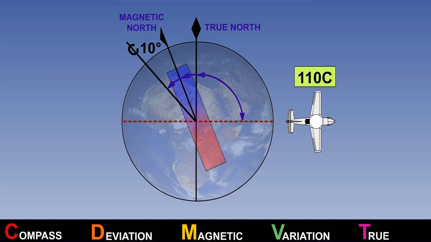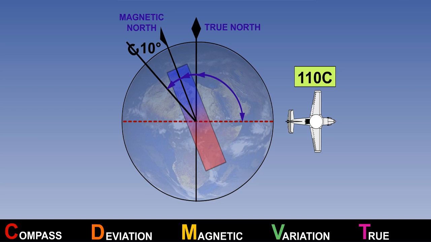So to recap, deviation is defined as the angular difference between the direction actually indicated by a compass needle and magnetic north. Deviation is classed as easterly or positive, or westerly or negative, depending on whether the compass needle lies to the east or west of magnetic north.